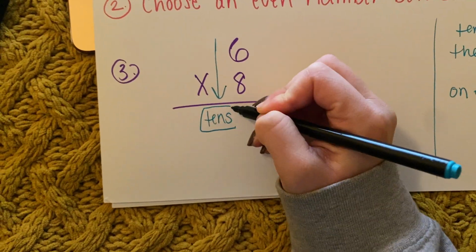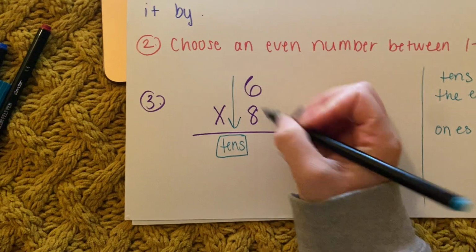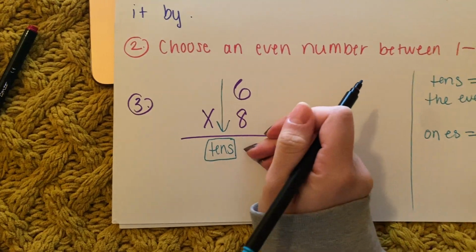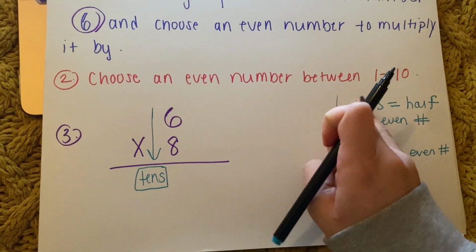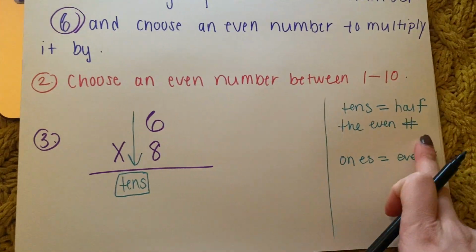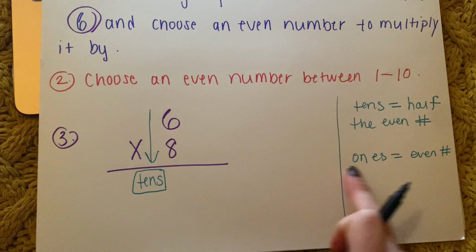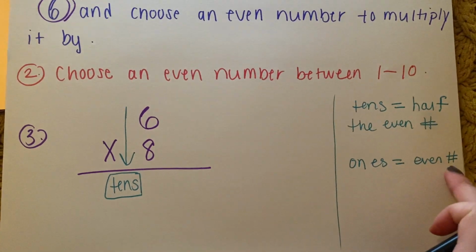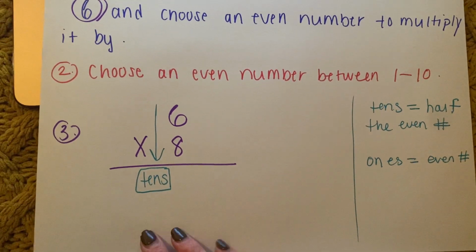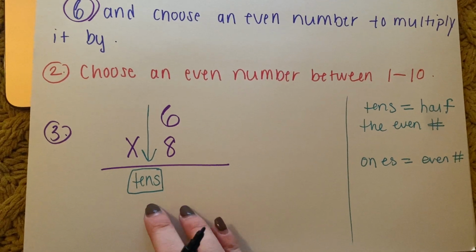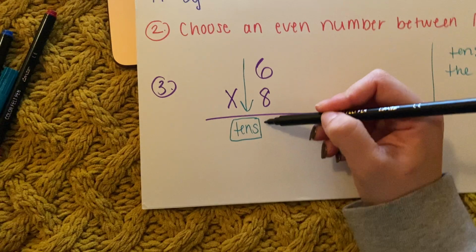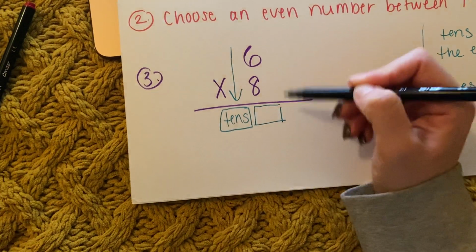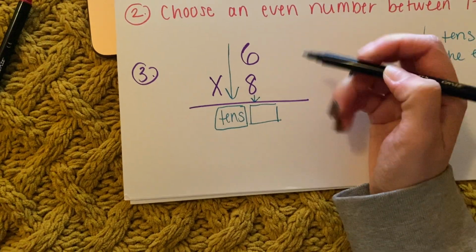So I'm just going to use boxes right here to distinguish the tens place and the ones place, so that they can understand where the problem is asking them to place half of the even number in the tens place and where it's asking them to use the even number in the ones place. First they definitely need to distinguish where those place values lie. Then right below the 6, this is the ones place. I'll just do a little arrow.